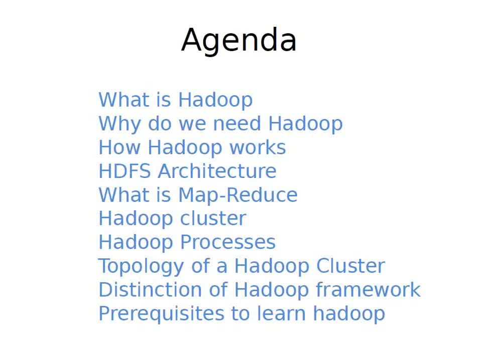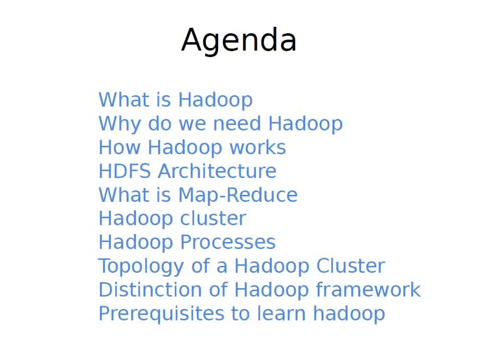This class covers what is Hadoop, why do we need it, how Hadoop works, then HDFS architecture, what is MapReduce. I will explain more about HDFS and MapReduce in the coming slides.